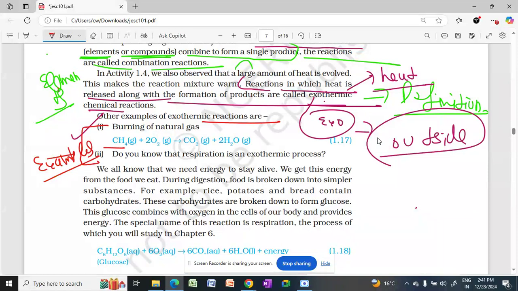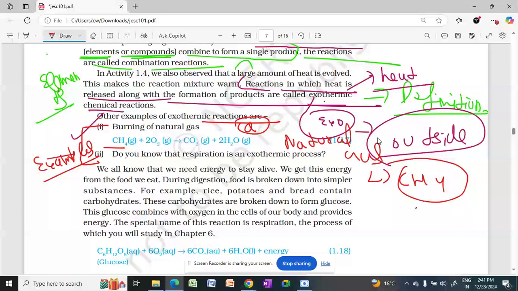One mark question can come from here: what is natural gas? Methane. What is the chemical formula of methane? CH4.